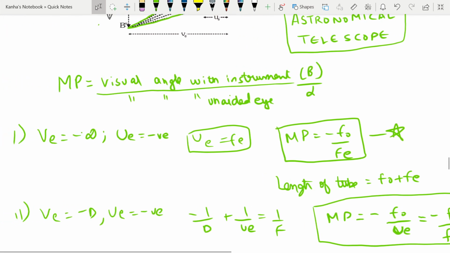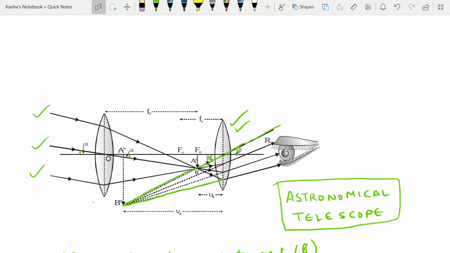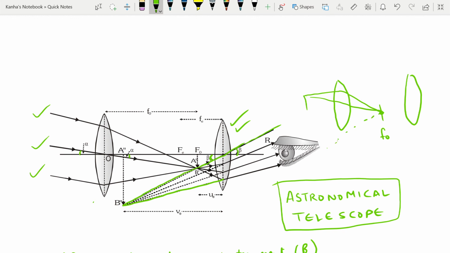But even if you don't, if you know the basics of the diagram, in the exam you just have to make two lenses like this, make the object, make some point over here as the first image, and then keep it at the focus of the objective, then use it as the image for the second one, and you will find that the final image is formed somewhere here or before the lens itself. Those are the only things that you need to worry about.